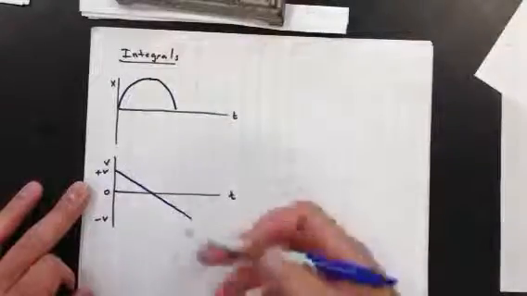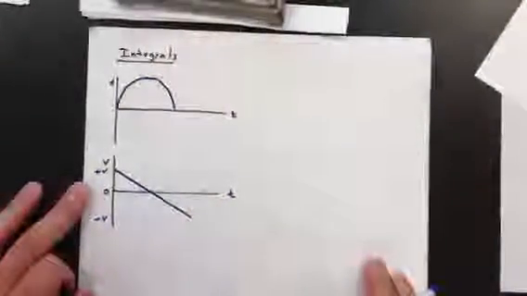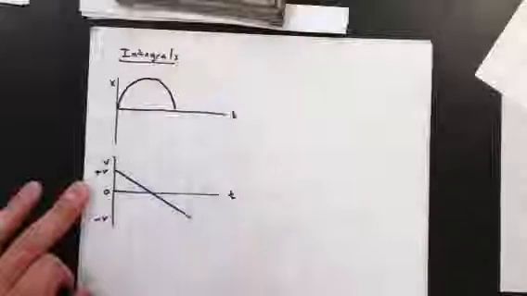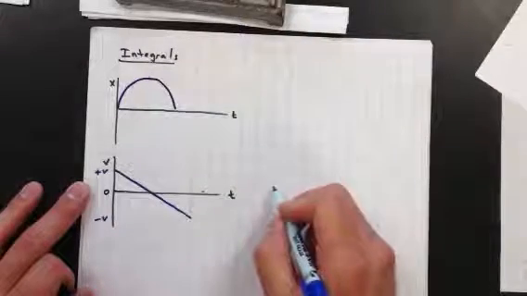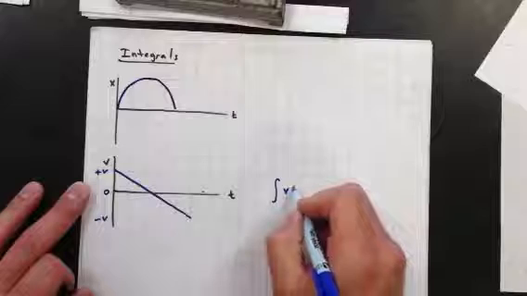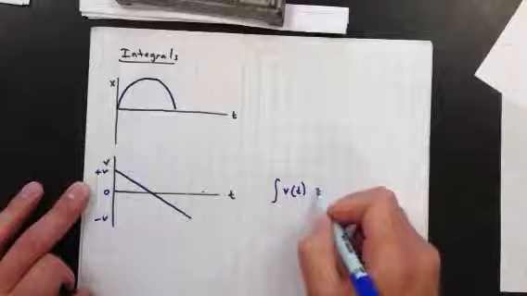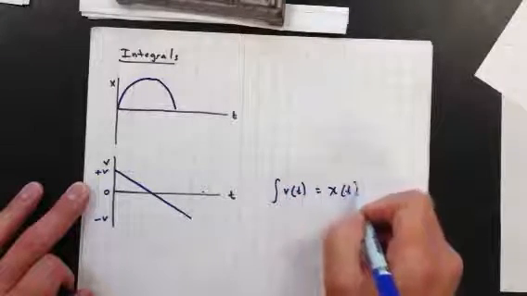So that's the idea graphically for an integral in terms of velocity and position. And here, again, we can say that the integral of velocity as a function of time will give us position as a function of time.